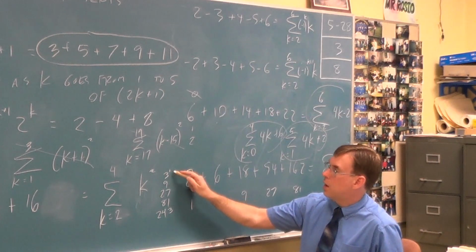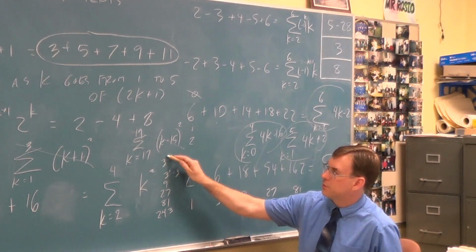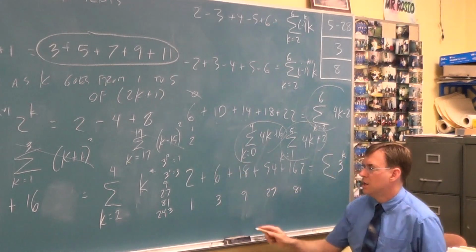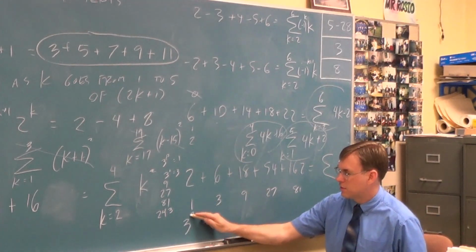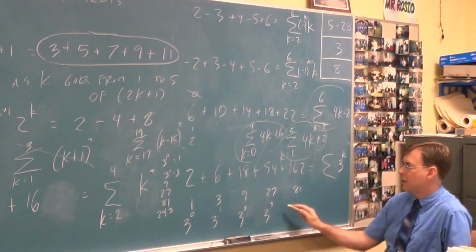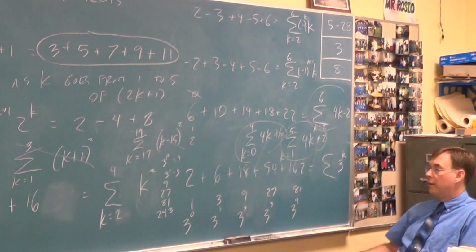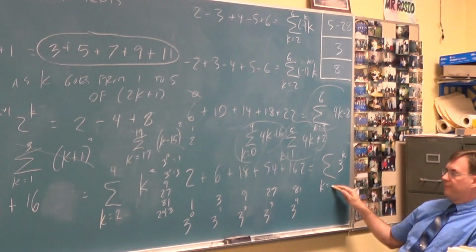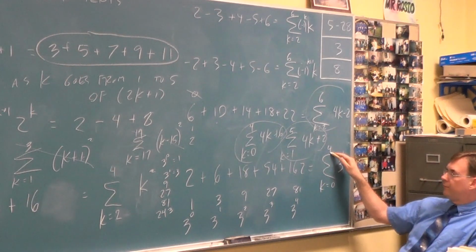Because 3 to the 0 makes 1, 3 to the 1 makes 3. So this involves 3 to the 0, 3 to the 1, 3 to the 2, 3 to the 3, 3 to the 4. So my K's are running from 0 to 4.